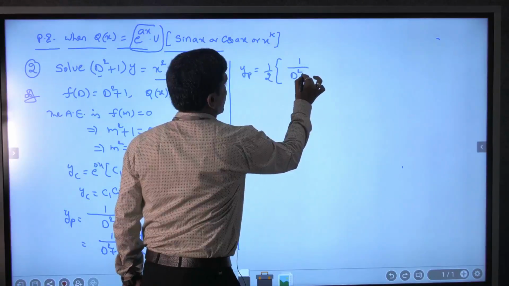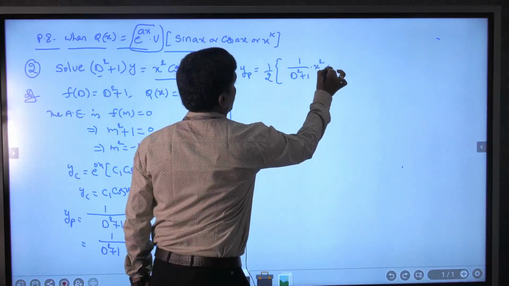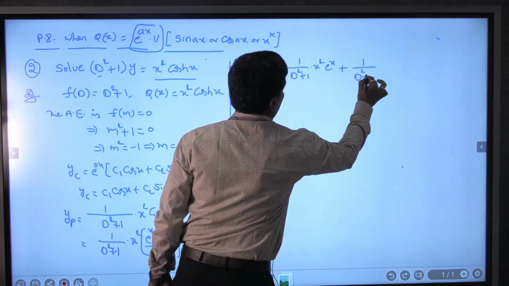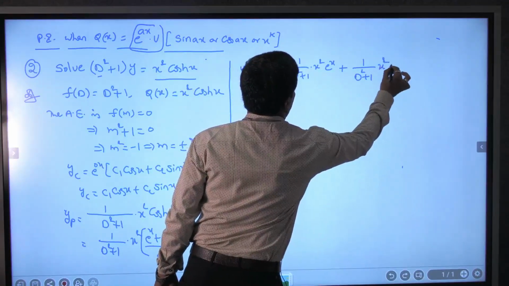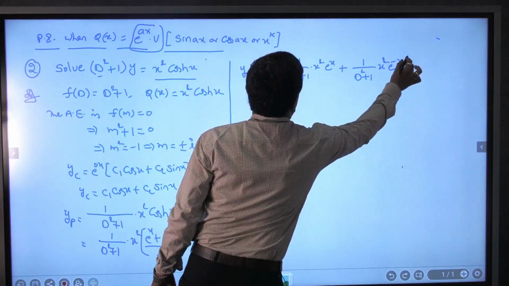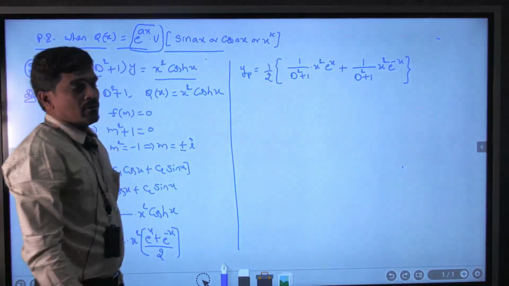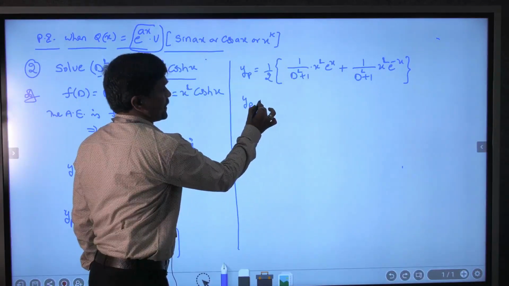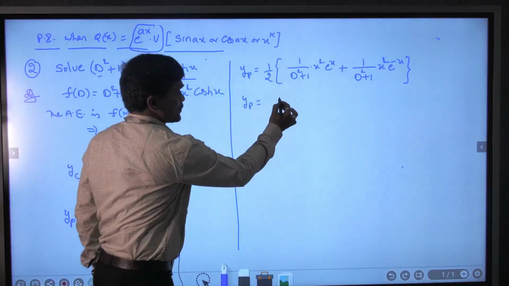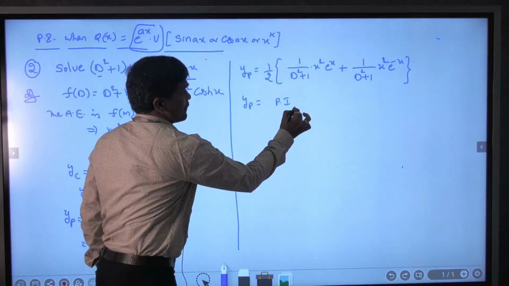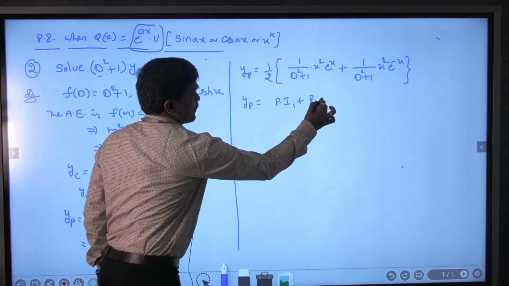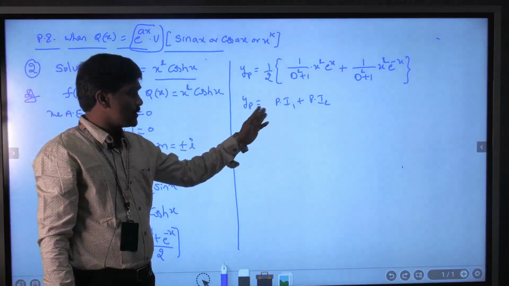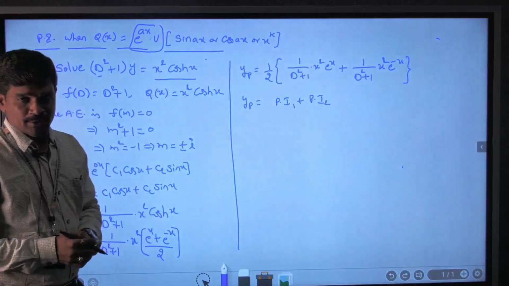Take this one as pi1 and this one as pi2. So after finding pi1 and pi2, substitute in this, we get the final particular integration.